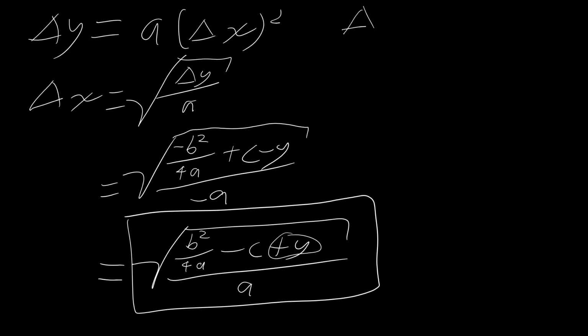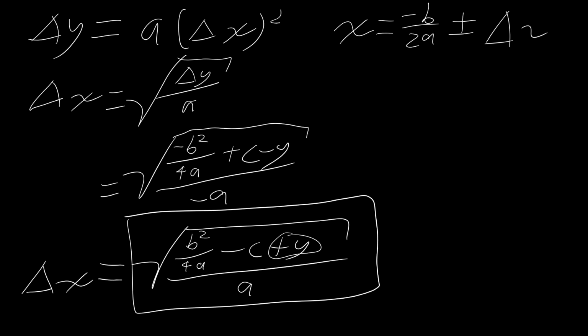So the change in x, that's the change in x, is called the discriminant. But we want to know the actual x value, not just the change in x. So that will be the x coordinate of the turning point plus or minus the discriminant.